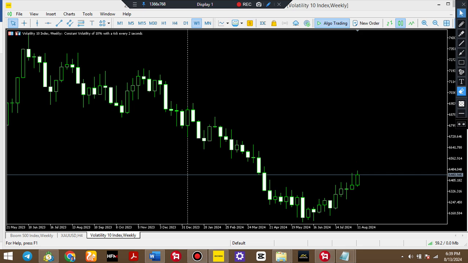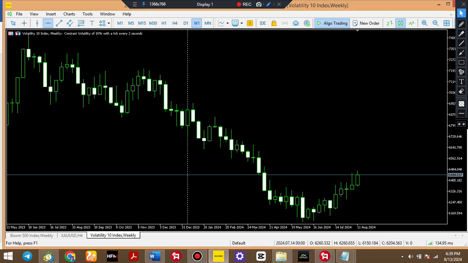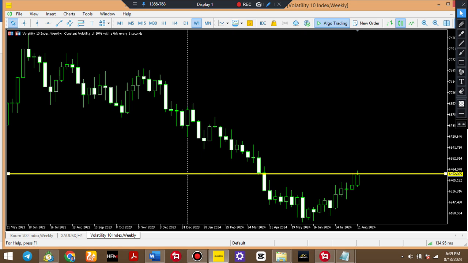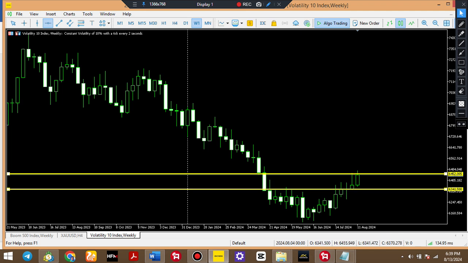So we are going to place our horizontal line on it. That is the high, and here is the low. So I have succeeded in placing these two on last week and not this current week.